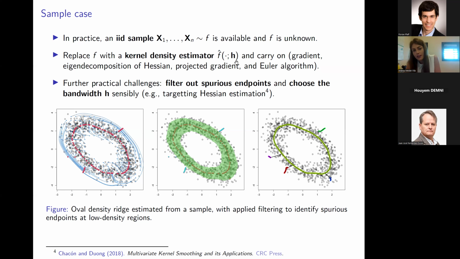If we are considering a kernel density estimator, we have to select this vector of bandwidths, and after that we proceed as before. That is, we compute the gradient, we compute the decomposition of the Hessian matrix, we compute the projected gradient, and finally we run the Euler algorithm. In this case, we have to deal with some practical challenges: we have to filter some spurious endpoints, and since we are using a kernel density estimator, we have to select an appropriate bandwidth h.